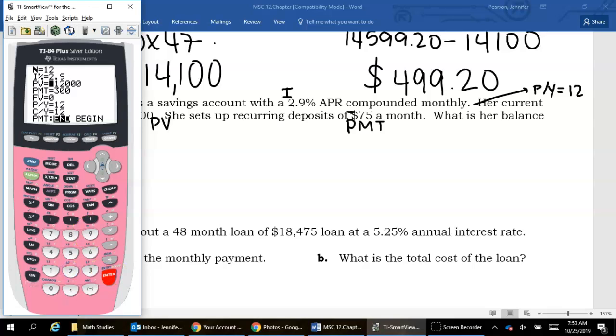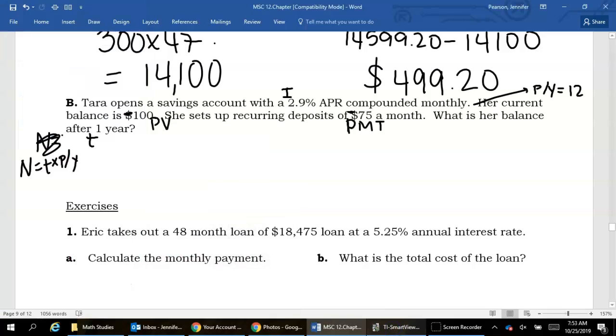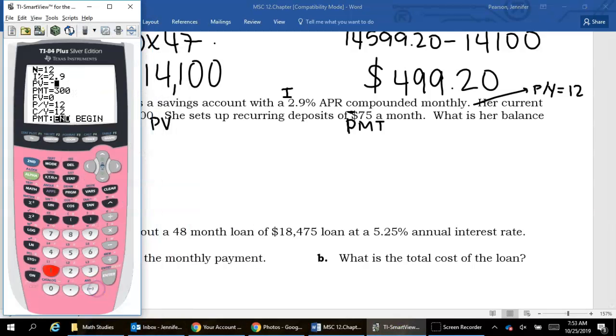The principal value was negative $100. And the payment is a recurring deposit of $75, so that'll be negative 75. The payment for an investment is always going to be input as a negative into this calculator.